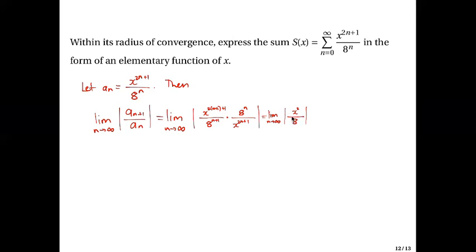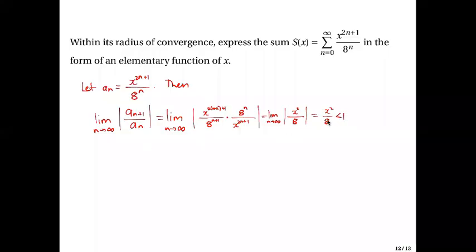But this is just constant, so we're good at this. So this is simply x squared over 8, and we want this to be less than 1. So work on this inequality, and you should be able to show that x will be greater than negative 2 square root of 2 and less than 2 square root of 2.